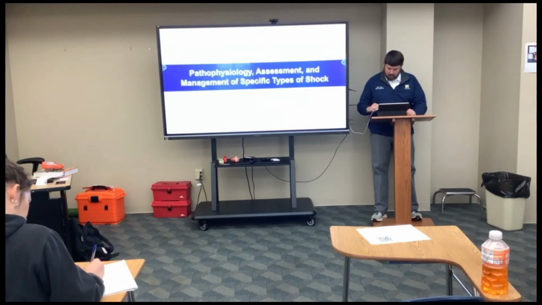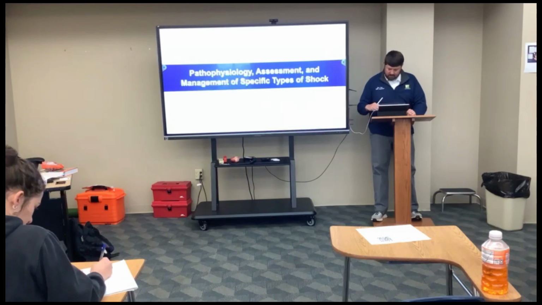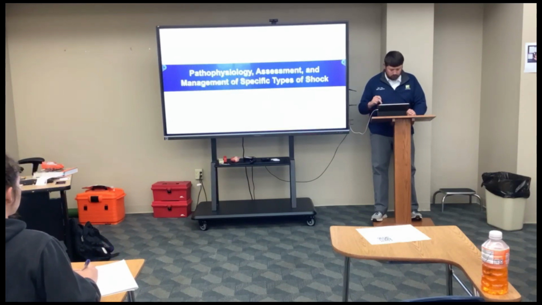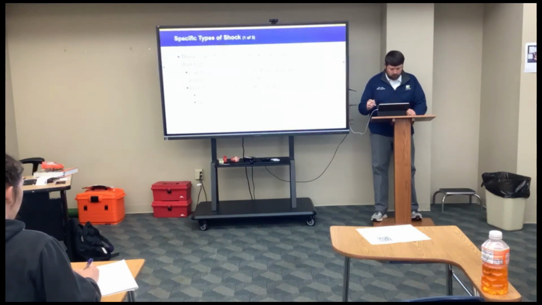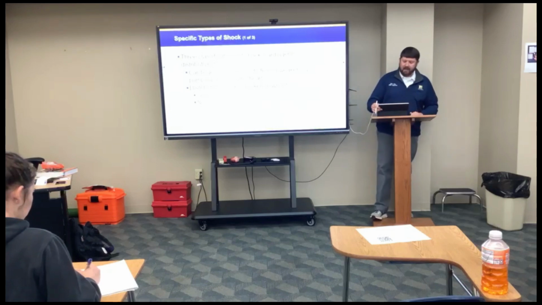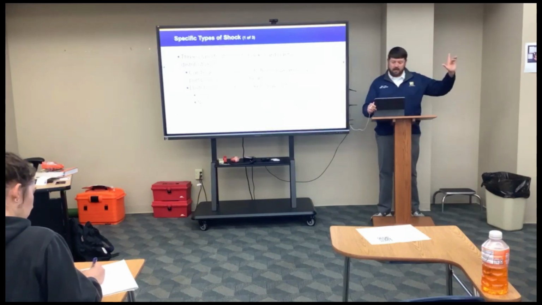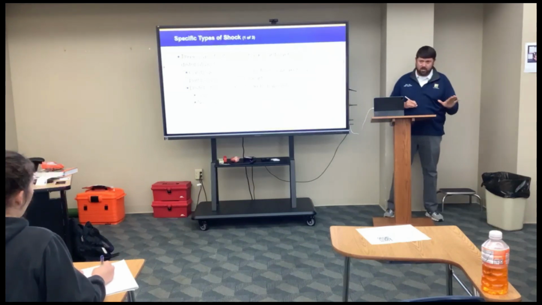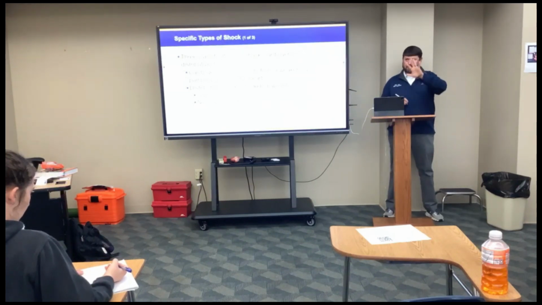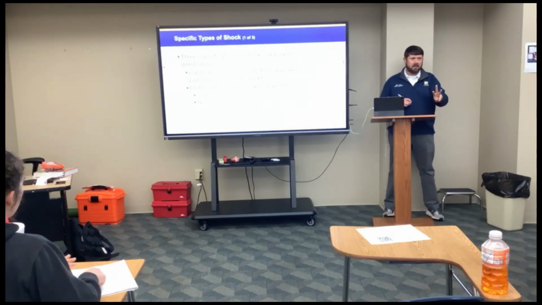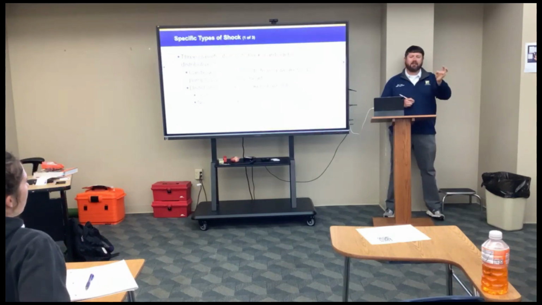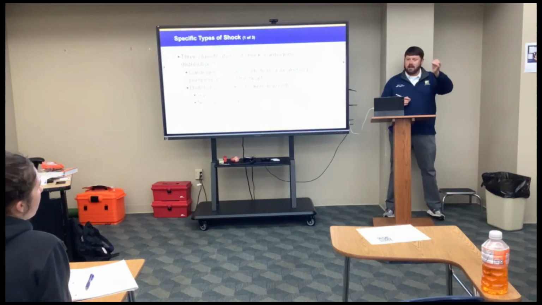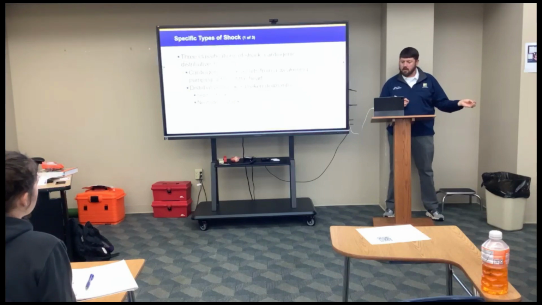All right. So let's talk about specific types of shock. So three classifications of shock. You've got cardiogenic, distributive, and hypovolemic. Now that's not all the types of shock, but that's just the classes of shock. Does that make sense? Because you could get an anaphylactic, a septic, or a neurologic that are distributive shocks.